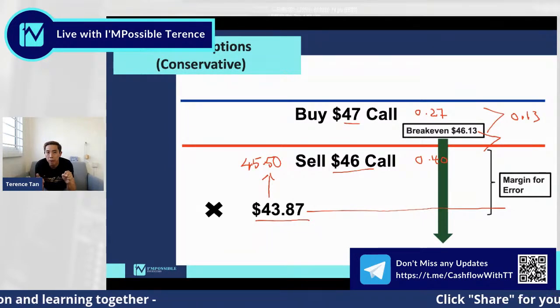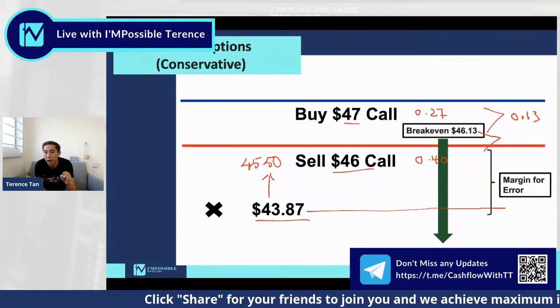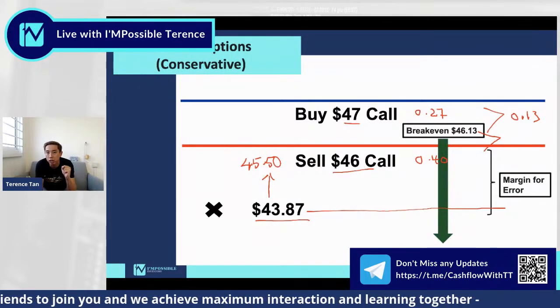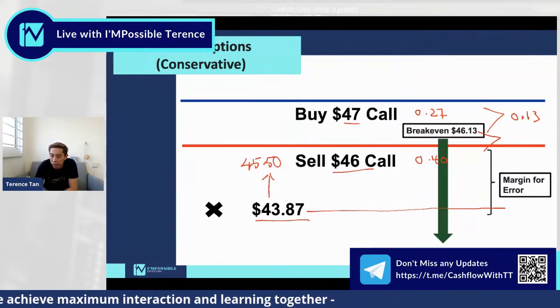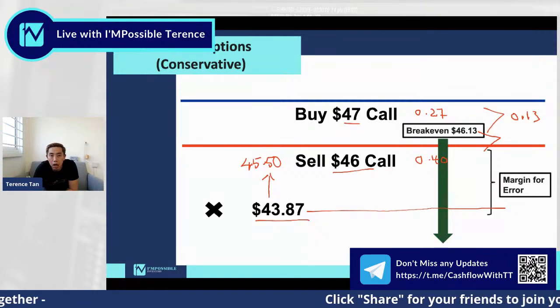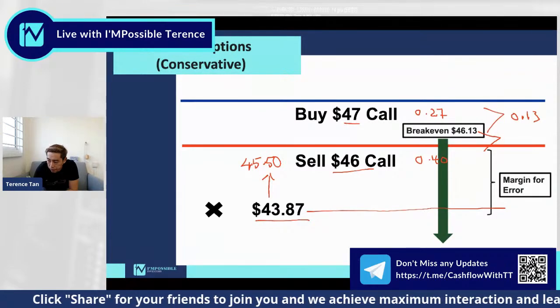He might as well just go to the stock market, pay 45.50, and buy those stocks outright. This is why the call options will end up expiring worthless. I hope you got that. So both options are going to expire worthless, and we won't have any issues by doing this trade.